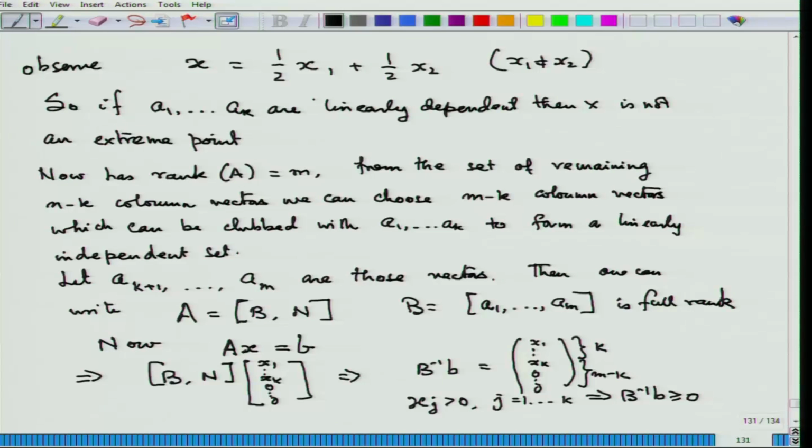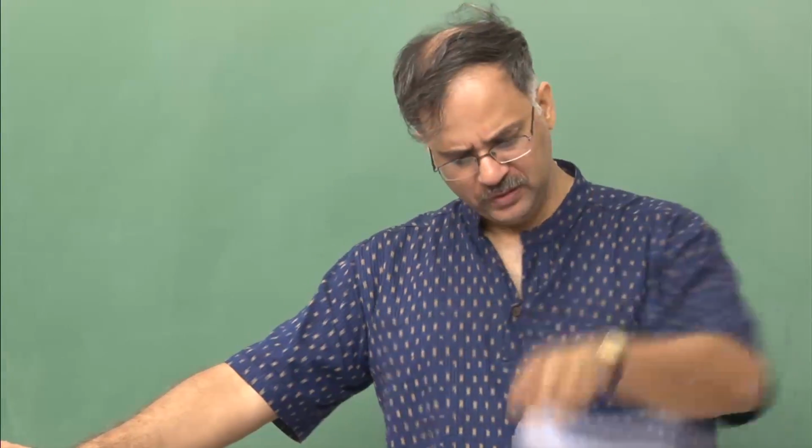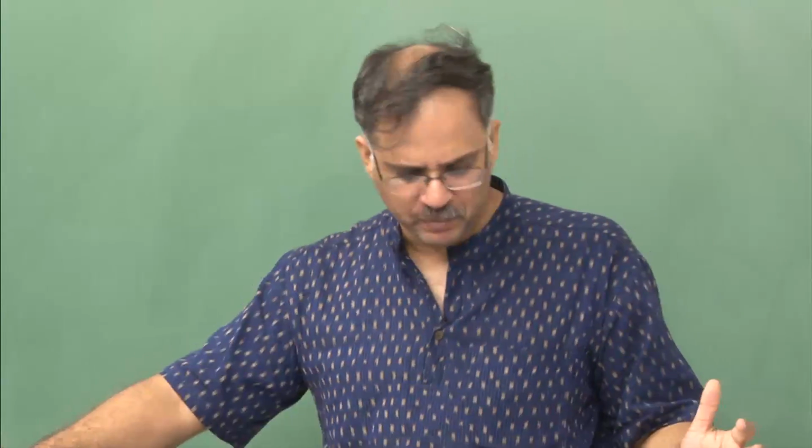Now, that a polyhedral set has an extreme point is something we are not going to prove, because that will take us off what we want to do, but it is not a very difficult one, and we can possibly do that. The whole idea of BFS might come into play there again, but that is not a very big issue.